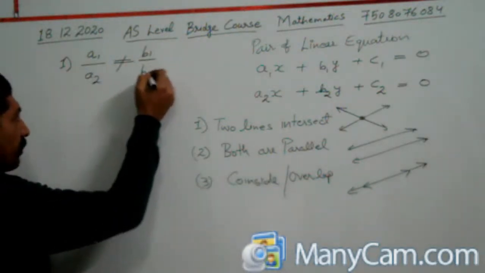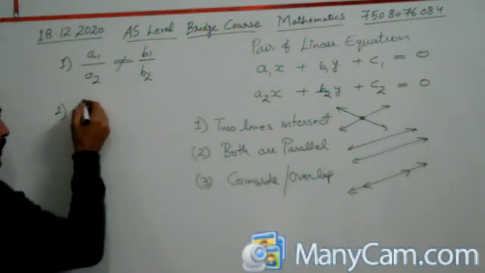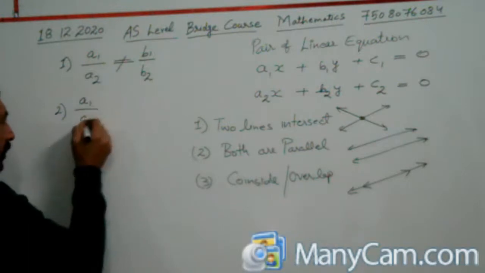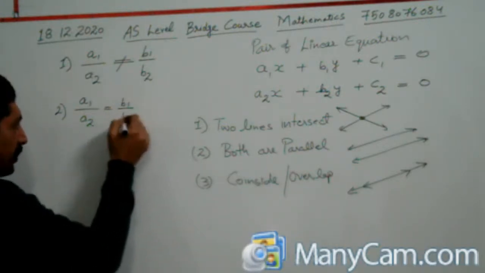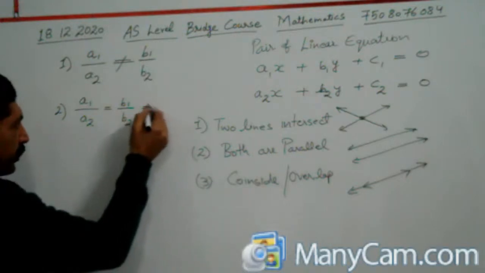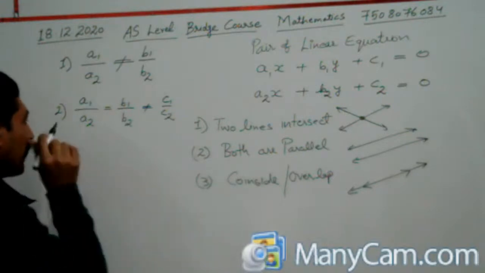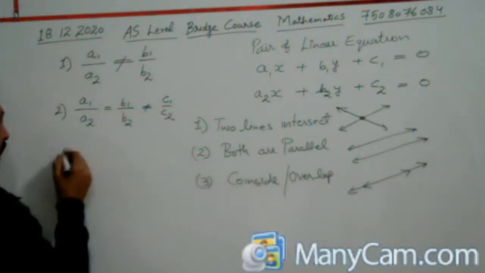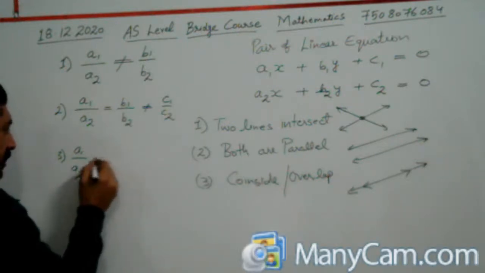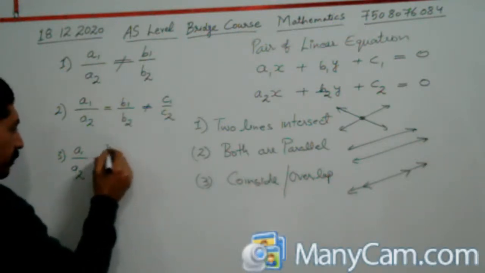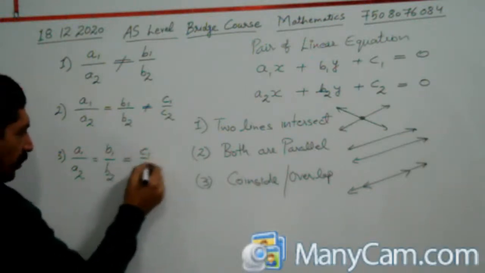In the second case, we have a1 upon a2 is equal to b1 upon b2 is not equal to c1 upon c2, right? And the third one, we always have a1 upon a2 is equal to b1 upon b2 is equal to c1 upon c2.